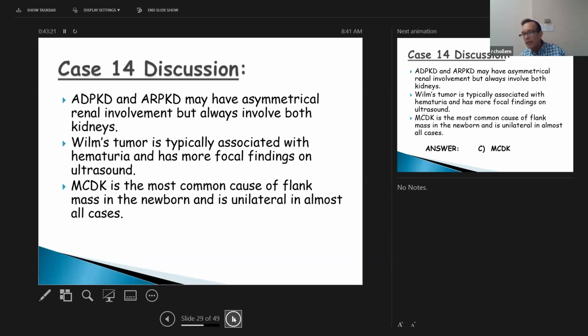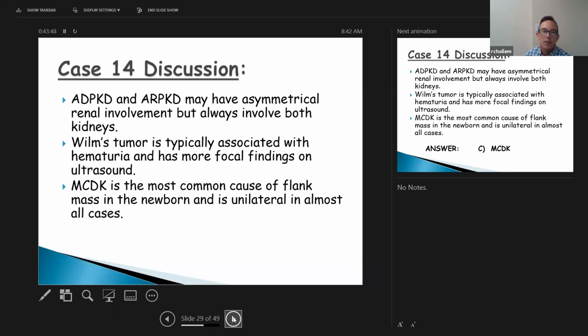So remember, the polycystic kidney diseases are bilateral, and there can be some asymmetry, but both kidneys should be involved. So when you see a baby in practice that has, or maybe you know about it prenatally, that's the most common thing nowadays, that has a unilateral kidney finding, that should allow you to relax a little bit, okay? Especially if everything else is going according to plan.